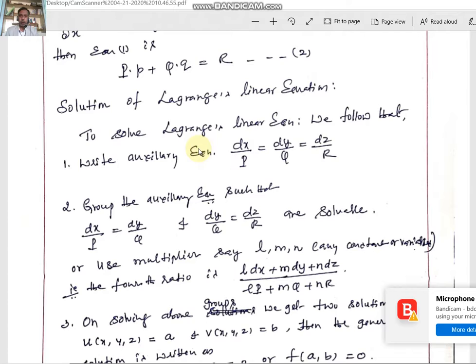Now, how to solve this Lagrange's linear equation? Here we follow some steps, involving auxiliary equations, then the grouping method, and also selecting multipliers. One by one let us observe.